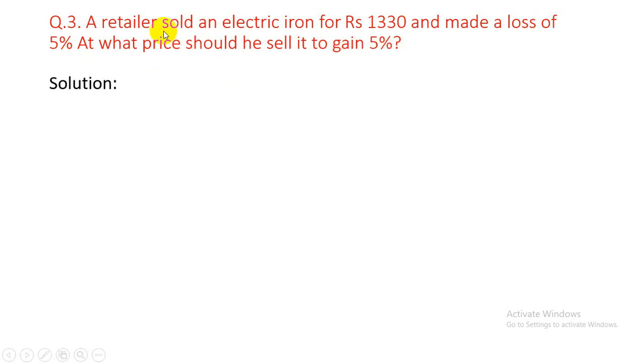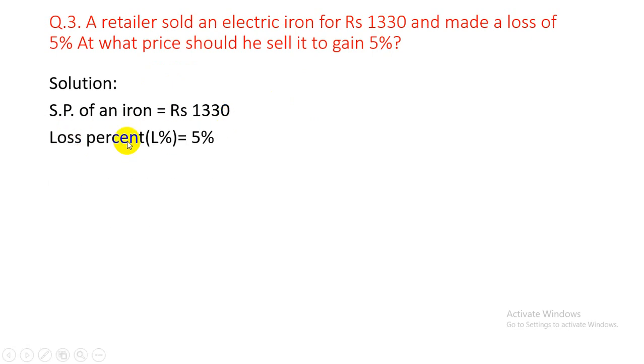Solution. At first, SP of the electric iron is given, 1330. SP of an iron is equal to 1330 and loss percent is given. Loss percent, L percent, is equal to 5%.